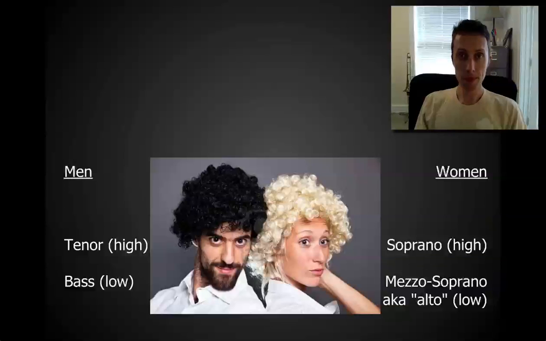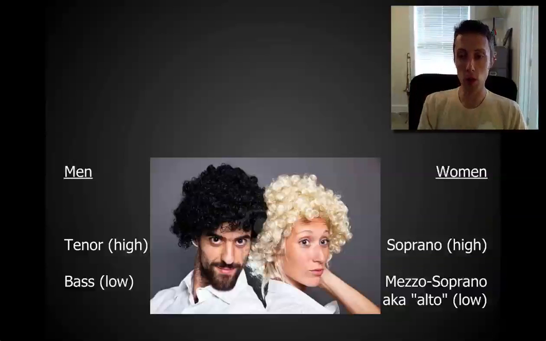So men will always be either a tenor or a bass. So if they have a higher male voice, kind of like this, they will be a tenor. But if they have a very low, super manly voice, they will be a bass. And then women will either be a soprano, like my wife, who sings soprano.